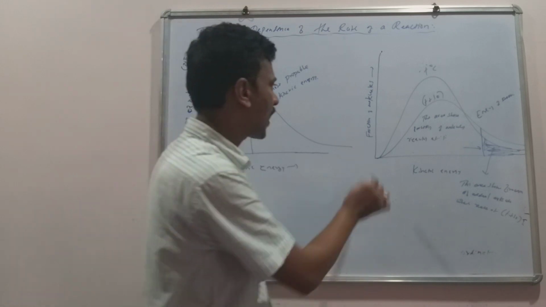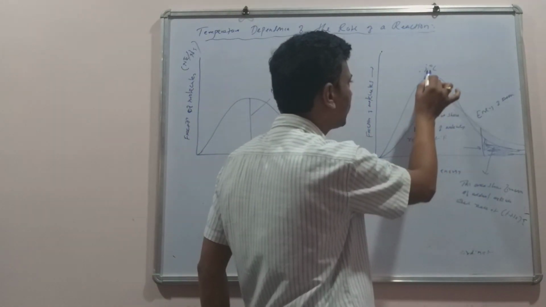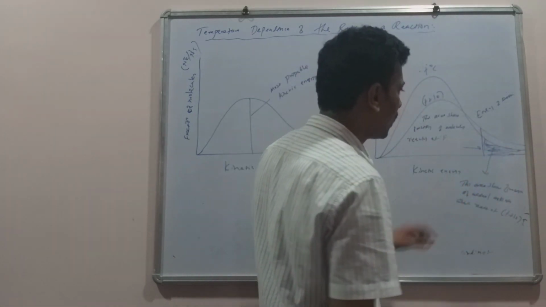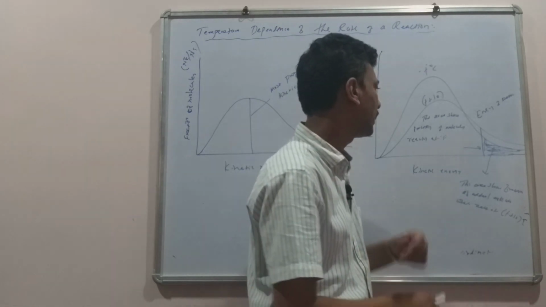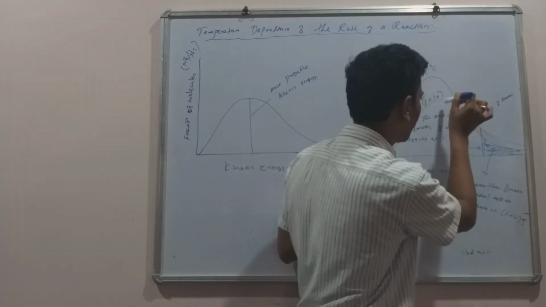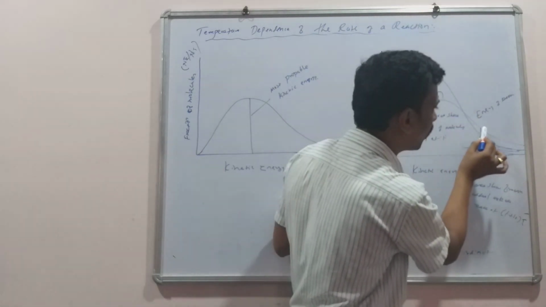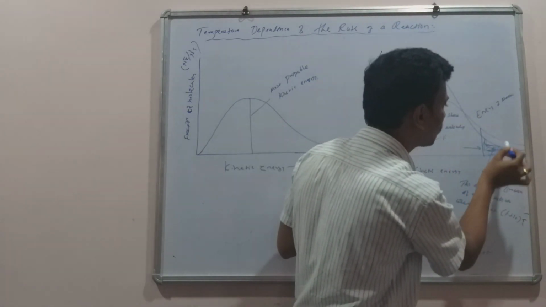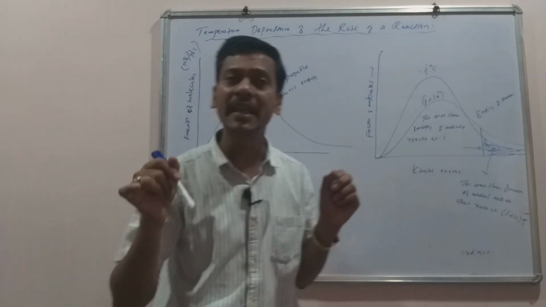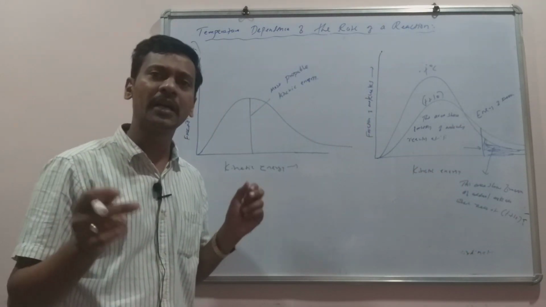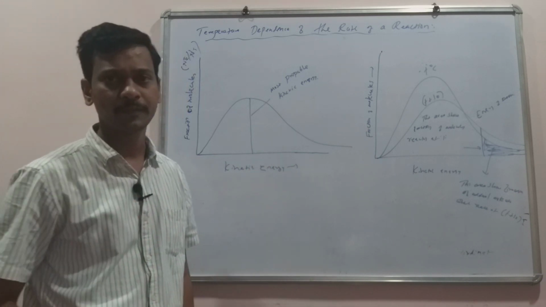From the graph of fraction of molecules versus kinetic energy, we see that at T Kelvin only this many molecules are involved in the reaction. When the temperature increases to this, the activation energy decreases and more molecules are involved, so the area almost doubles. It indicates that for every 10 degree increase in temperature, the rate constant of the reaction doubles.